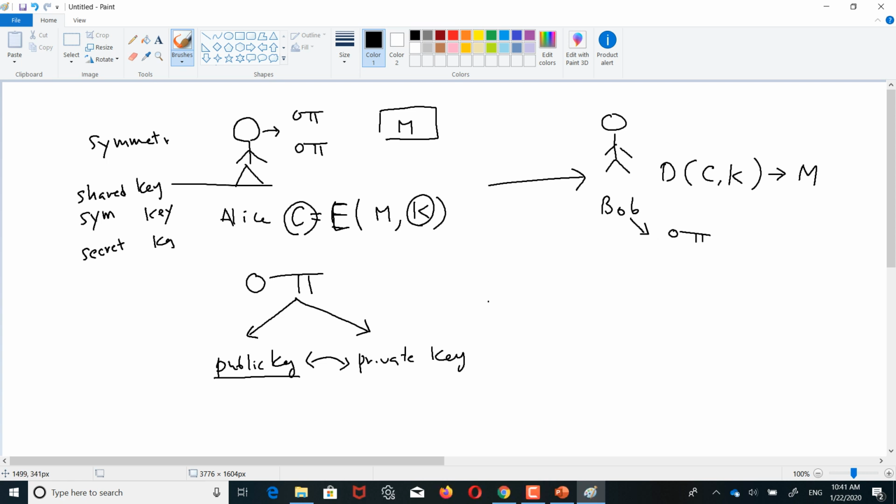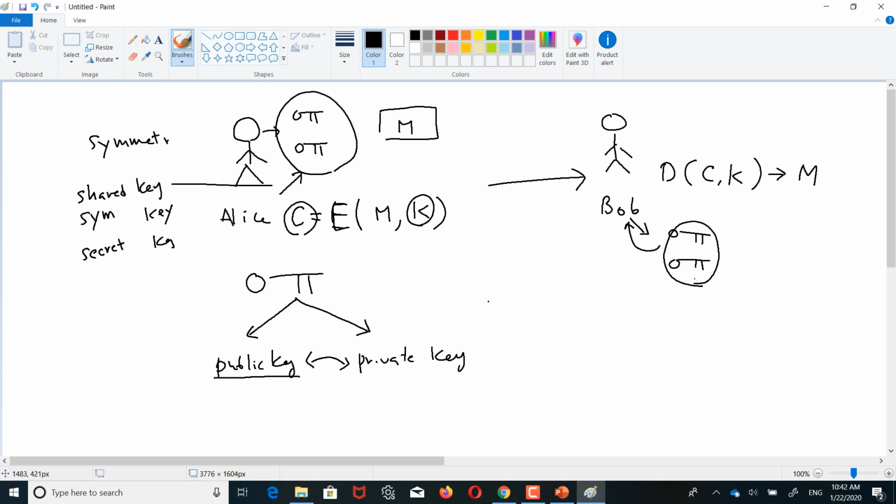His own public key, and it's his own private key. So when you're talking about a private key and public key, you must specify who owns this key pair, right? This is owned by Alice, and this public key and private key pair is owned by Bob, right?